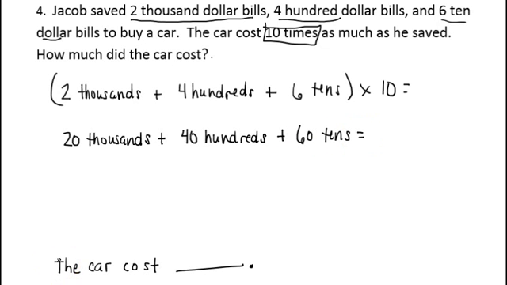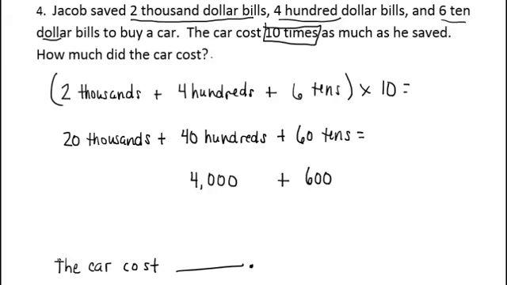Now, 60 tens is the same as 600 because 10 tens equal 100. I have 60, so I have 600. 40 hundreds would be the same thing as 4,000. It takes 10 hundreds to make 1,000.